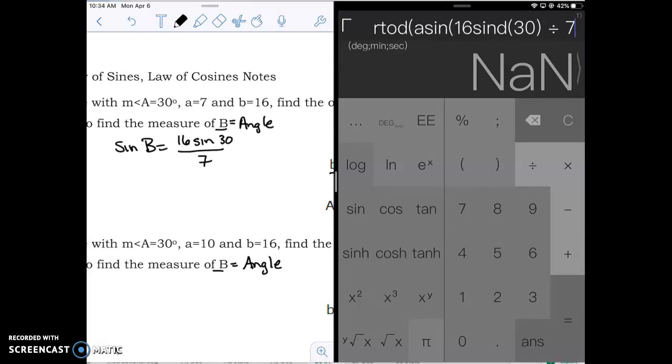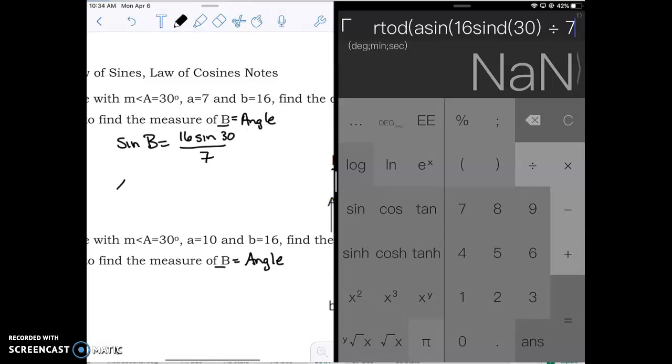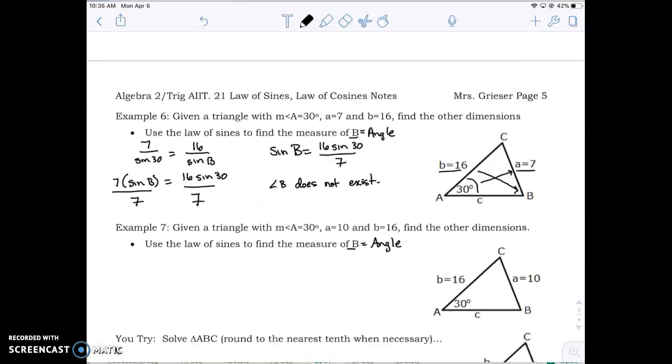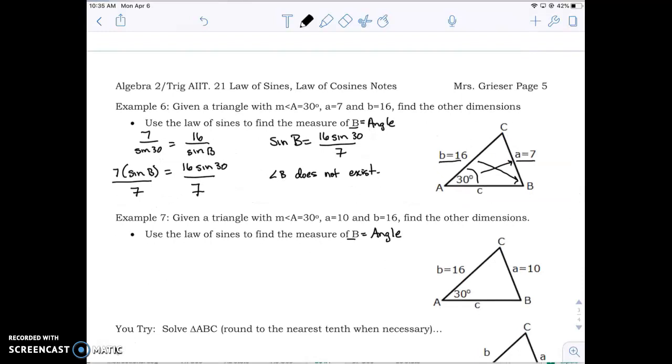NaN, that must mean that this does not exist. Angle B does not exist. This doesn't work. All right, so what do we do? Well, if this was a real life scenario, we would go back and check all of our measurements. But something obviously is wrong where I was not able to create a triangle that actually works.